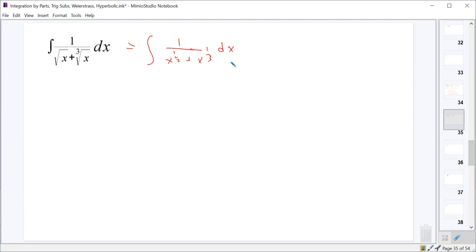So x to the 1/6 is our u. Anytime you see something like x to the 1/3 plus x to the 1/4, you'd want to use u equals x to the 1/12. So let's see what happens here.